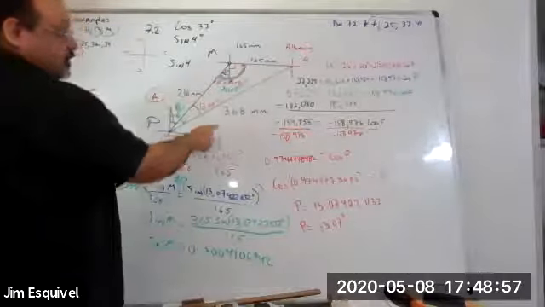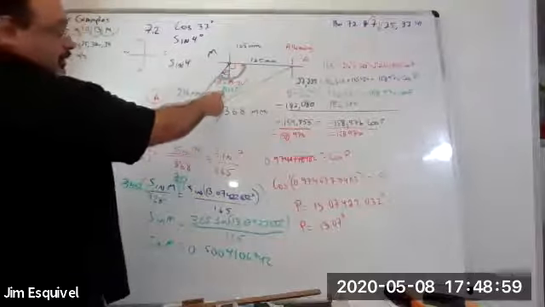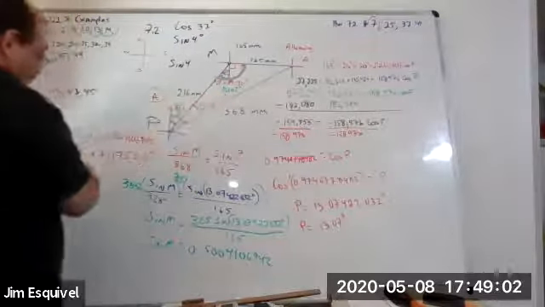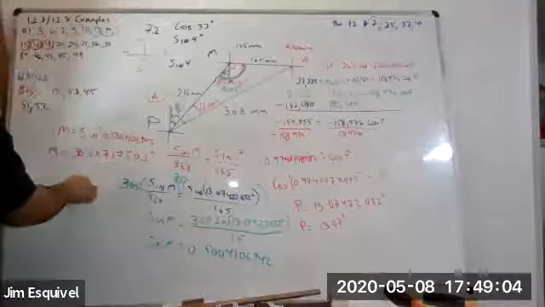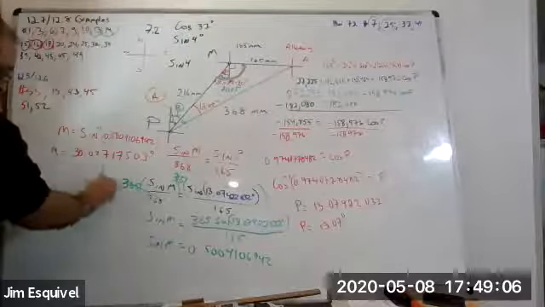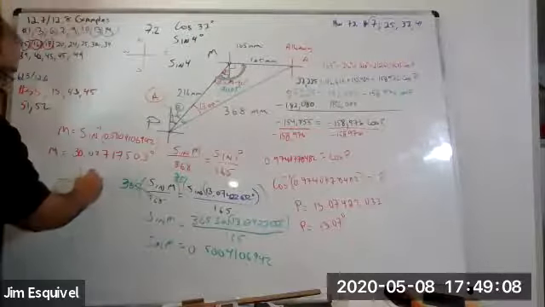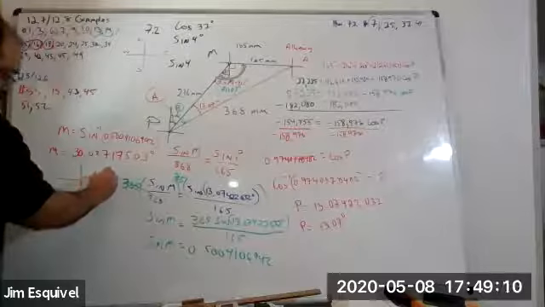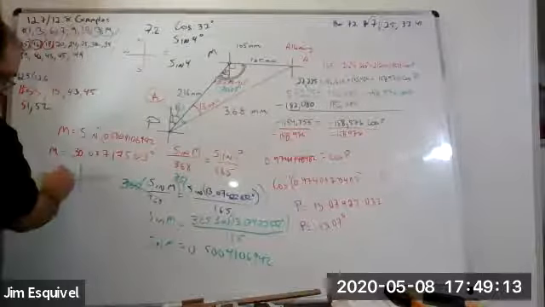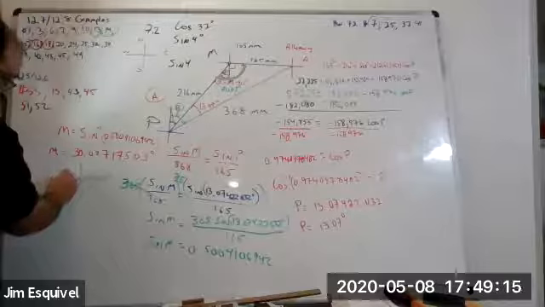No. So think about, what is the alternate answer? Sine is positive in two quadrants. You've got your 30.03 here, and you've got a 30.03 here.